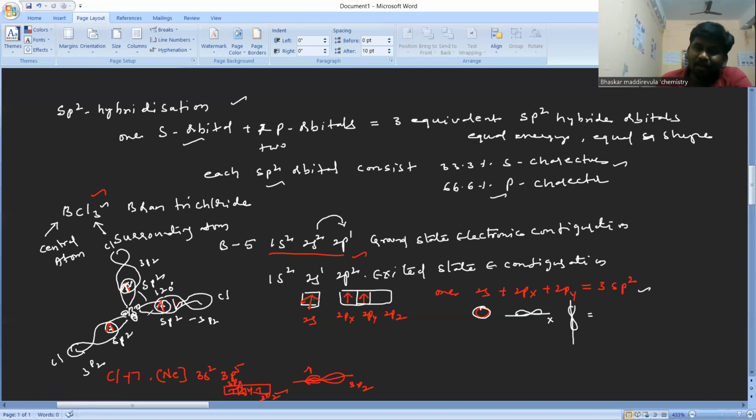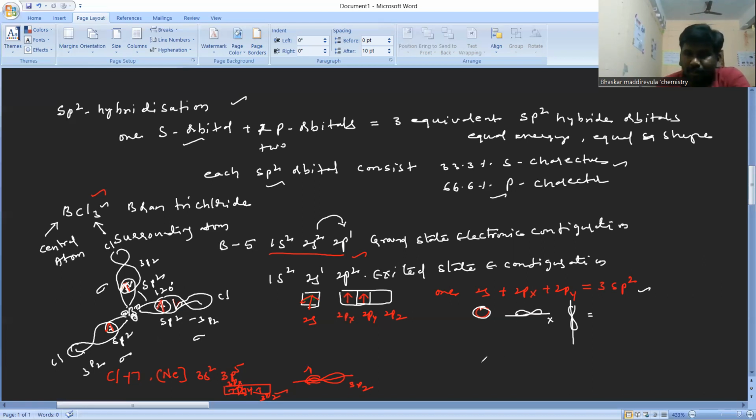Now, we already learned that the overlapping of hybrid orbitals and atomic orbitals always gives a sigma bond formation. Here sp2-pz overlapping gives one sigma bond, here sp2-pz overlapping, and here sp2-pz overlapping. We get three sigma covalent bonds around the boron.